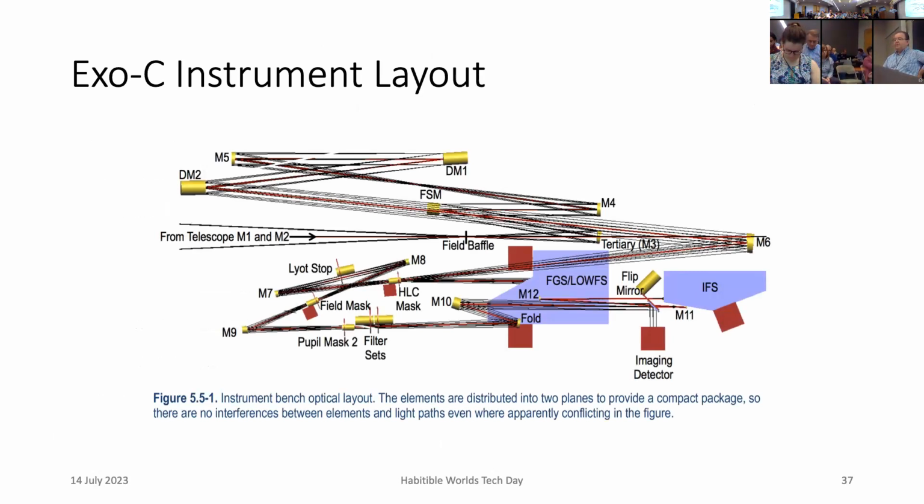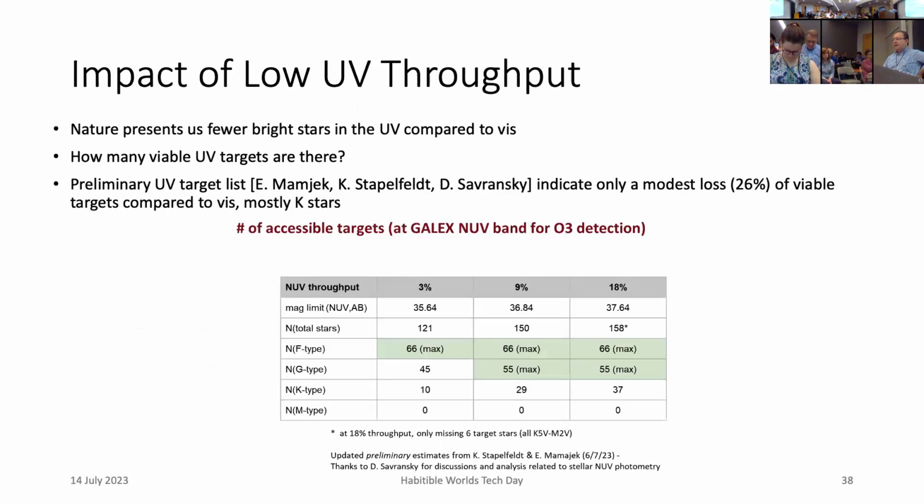We may need to go to a much simpler design on the UV coronagraphic channel. But the impact of the low UV throughput, thanks to the good efforts of Carl and Eric, is that there's still a reasonable number of targets, even with that lower throughput, that we can get to with a mirror the size that we're talking about with HWO. So that's good as well.